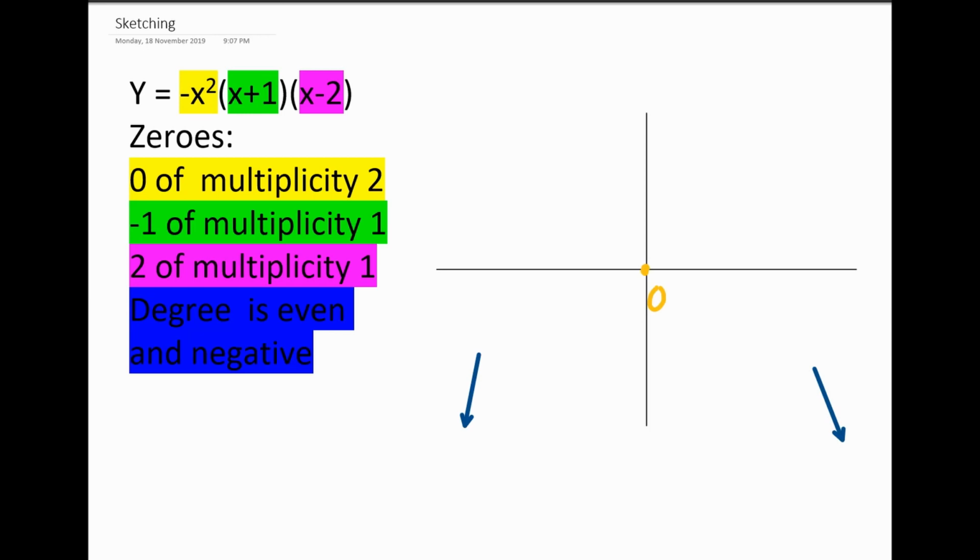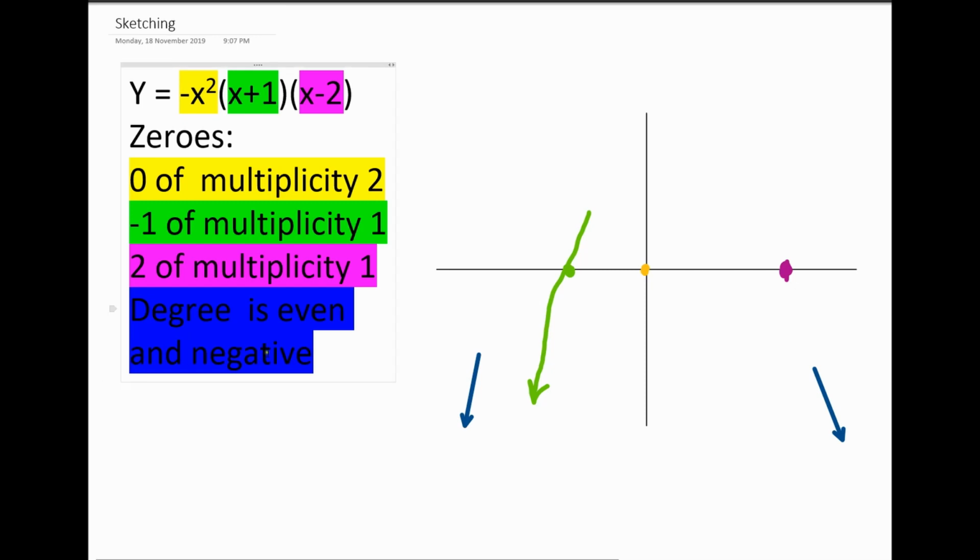So let's start with the zero of multiplicity 2, negative 1 of multiplicity 1, and positive 2 of multiplicity 1. Once we plot the roots, then considering the multiplicity, we know what kind of graph to draw. The first one, negative 1, has a multiplicity of 1, thus the graph will just cross the root, as you can see here in the drawing.